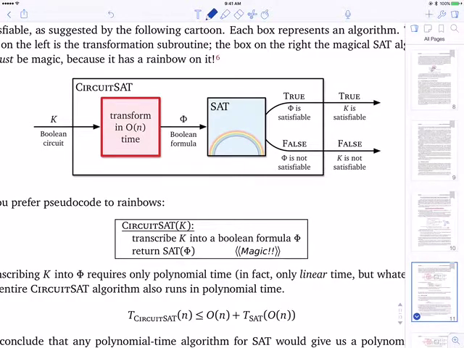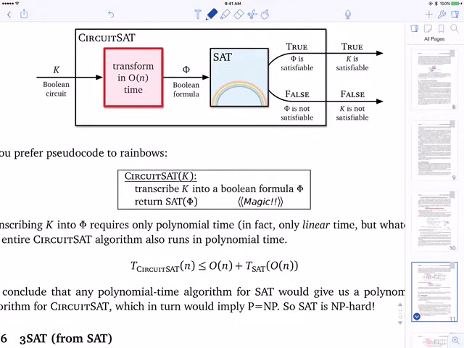Another way to say this is what this reduction actually shows is a relationship between the running time of the fastest algorithm for circuit SAT and the running time of the fastest algorithm for SAT. One way to solve an instance of circuit SAT with complexity n is to spend linear time transcribing it into a formula of size order n and then passing that to an algorithm for SAT.